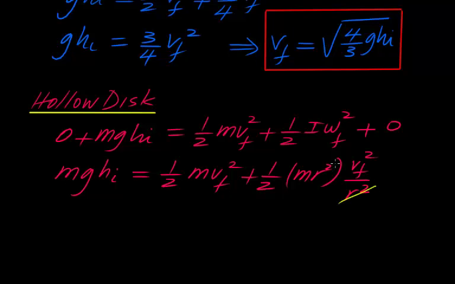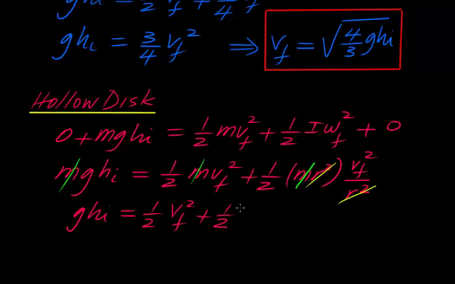As before, notice the r squared is going to cancel out. The mass is also a common factor, therefore it cancels out. And this expression is simplified to the following. gh initial equals 1/2 times v final squared plus 1/2 times v final squared also.